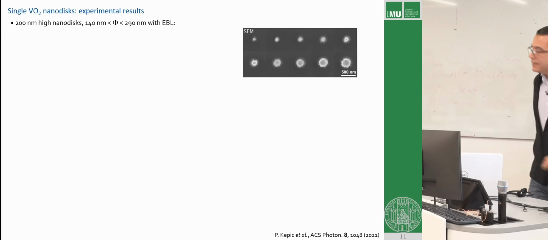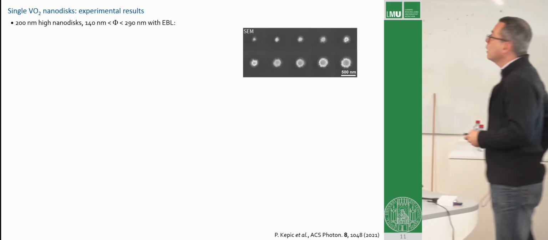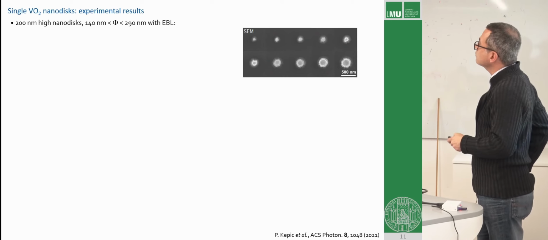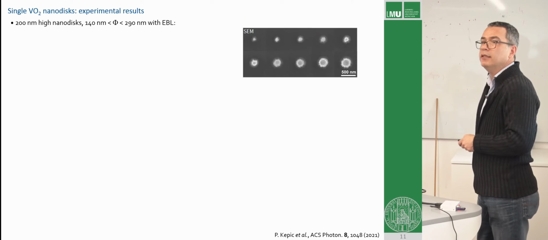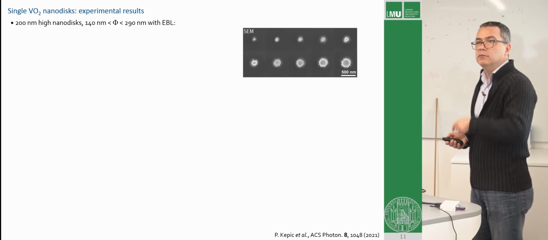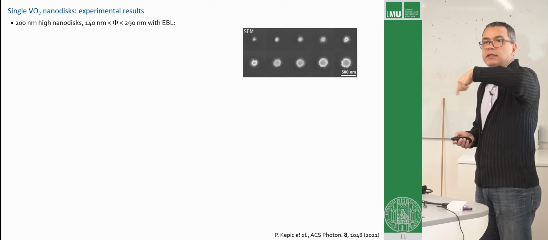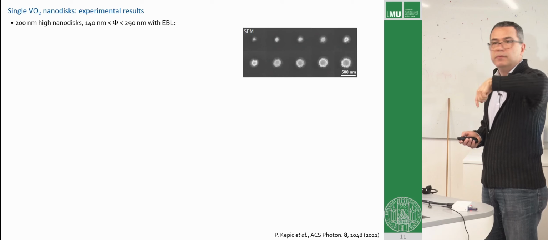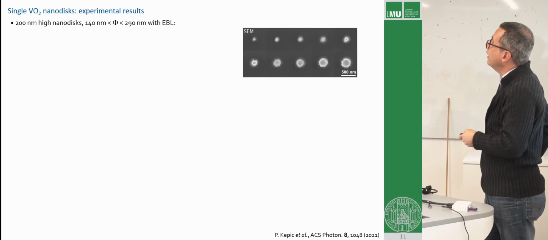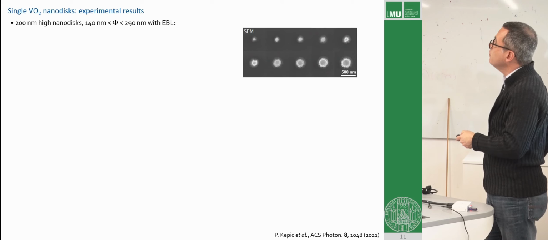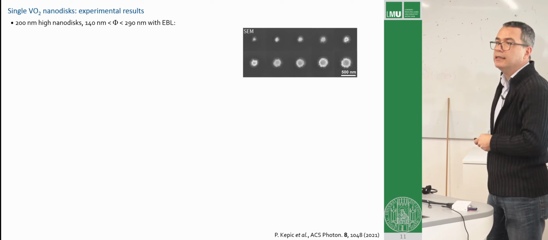Okay, so let's then talk about our experimental results. Again, we fabricated by electron beam lithography. So it's writing on a surface with an electron beam. It's very fun. 200 nanometer high nanodiscs with diameters varying from 140 to 290 nanometers.